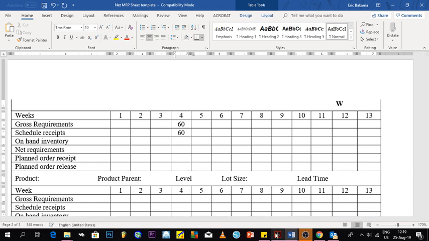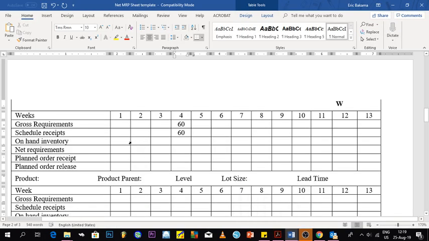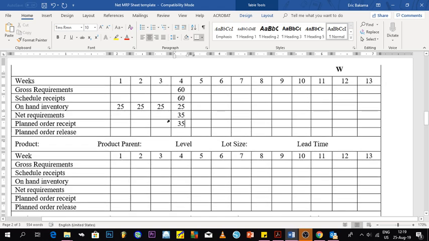We just need to check the capacity on hand for X, which is 25. So here we get 25, 25, 25, 25. Then 60 minus 25 gives us 35 units. Then we have 35 units here again that will be released a week before, which is in week 3. So we get our 35.